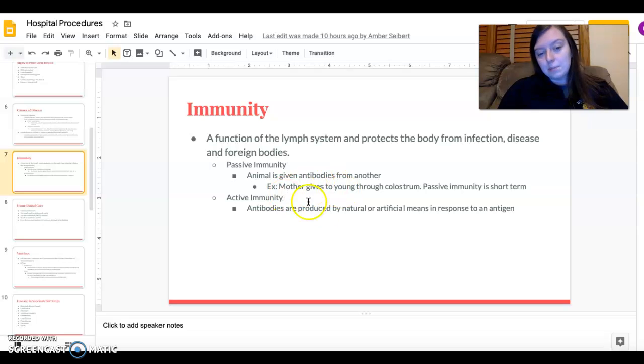For example, a mother can give antibodies to her young through the colostrum. Passive immunity is usually short term, so not for their whole life. Active immunity is the other type. Antibodies are produced by natural or artificial means in response to the antigen.